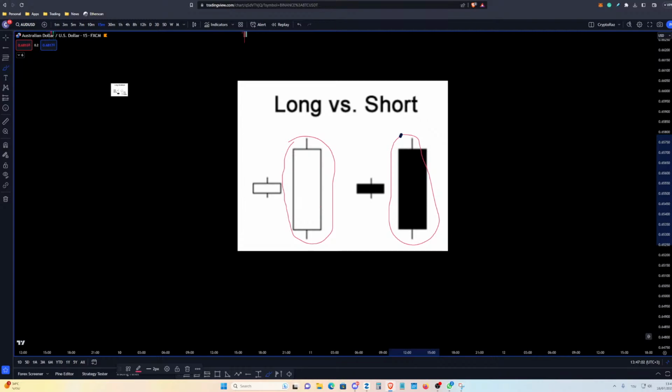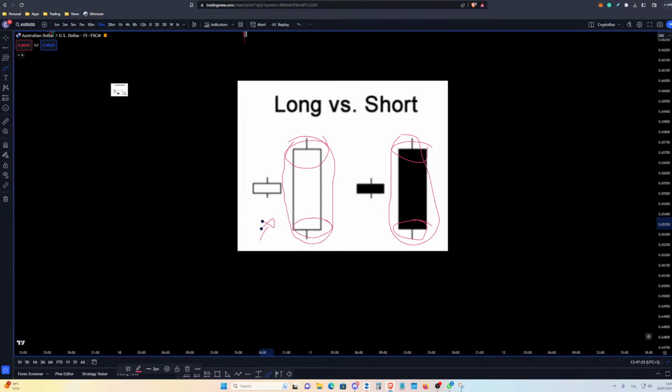If the close is below the open, which is here, we can say that the candlestick is bearish. And the other way around, if the open is below the close, then you can say that the candlestick is bullish. And this indicates a rising session.